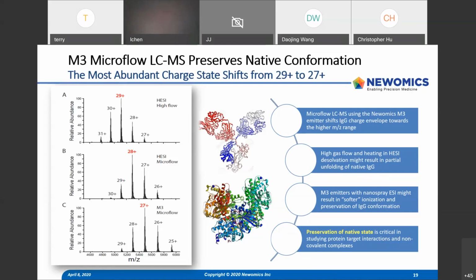Because if the protein is unfolded, you expose the surface, you tend to have higher charge states. So this is the so-called side effect of our microflow MS platform, but it is very important. We reason that maybe it's due to the HESI source, high gas flow, as well as the heating.